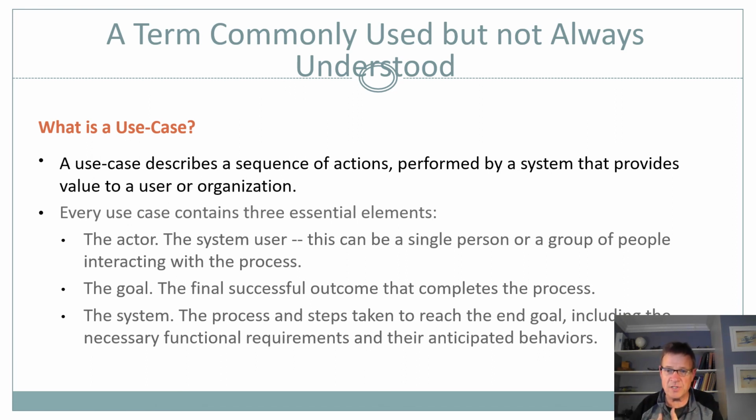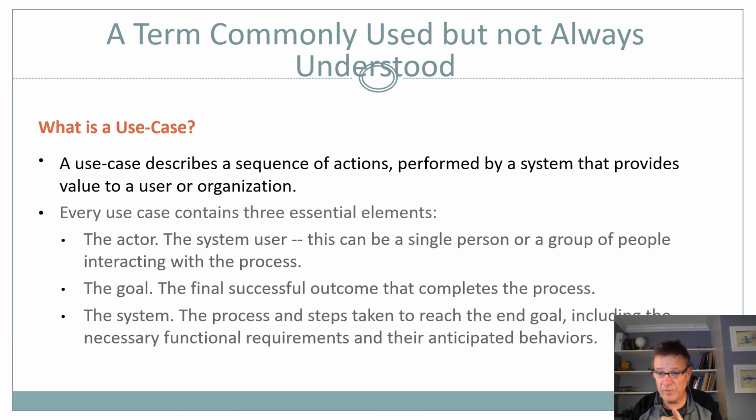So each use case has three major components to it. It has an actor, which could be the system user. This could either be a single person or a group of people who are interacting with some kind of process. It has a goal. What is the outcome that you are looking for? What does success look like?